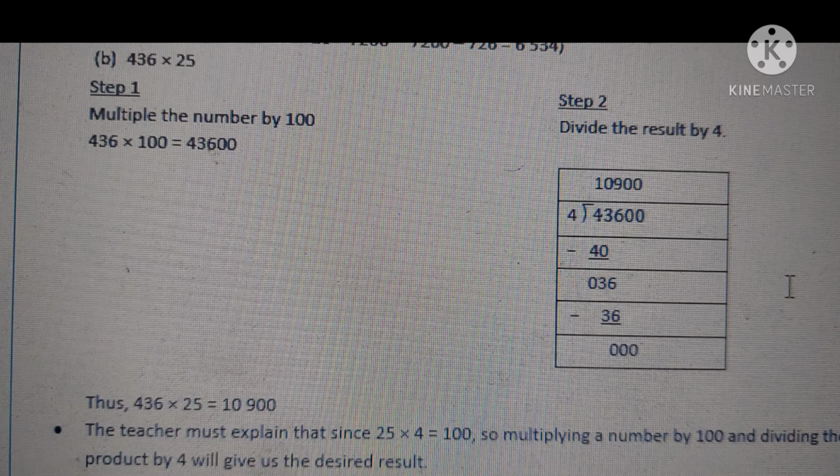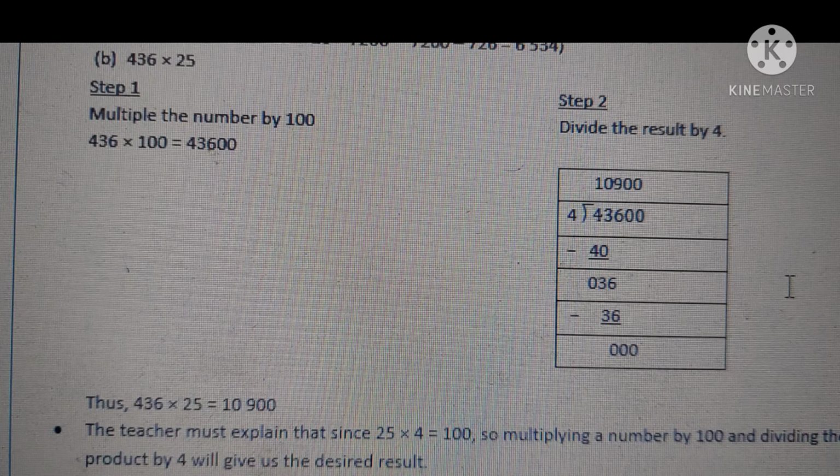By dividing 43600 by 4, we get the answer 10900, that is 10,900. Thus we can say that 436 multiplied by 25 is equal to 10,900.